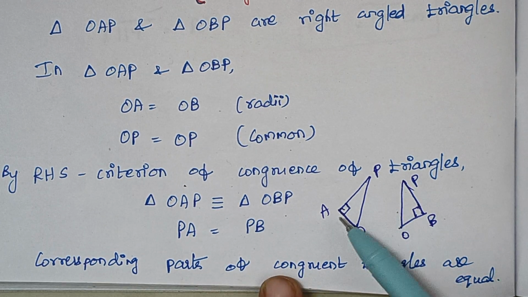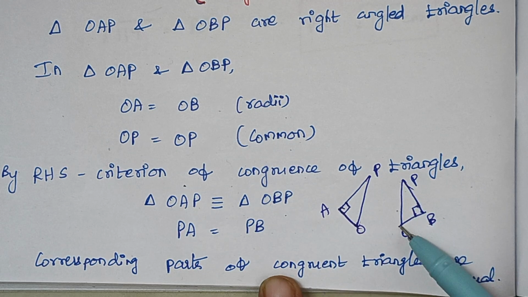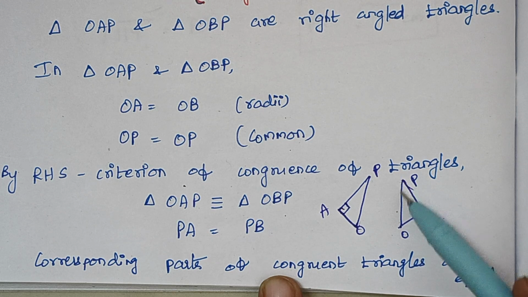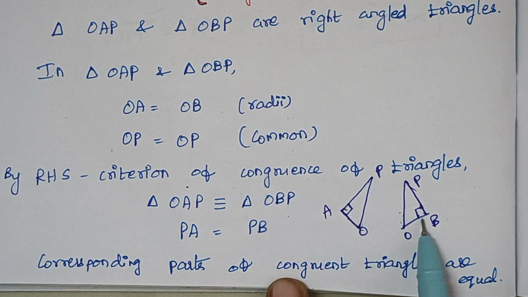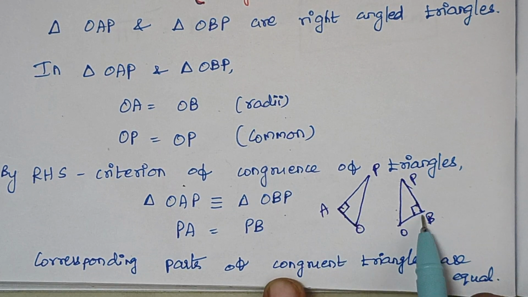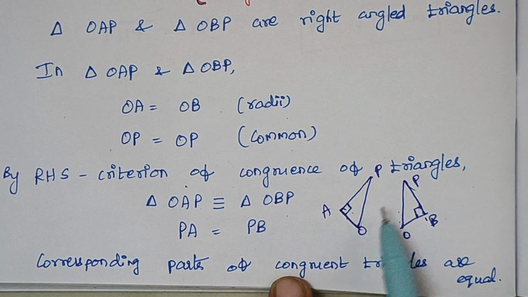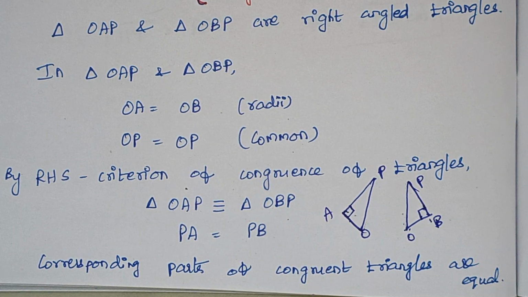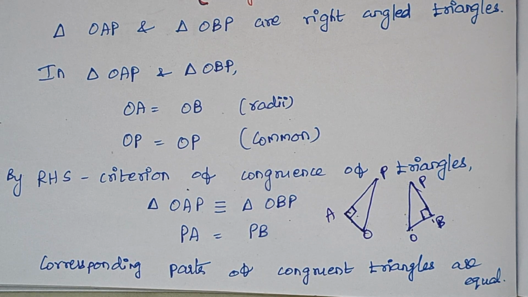And in these two triangles we have the side OP as common. Whenever you compare two triangles that are right angled and have one side common, then we can say that the two triangles are congruent. This is what the RHS criterion says.